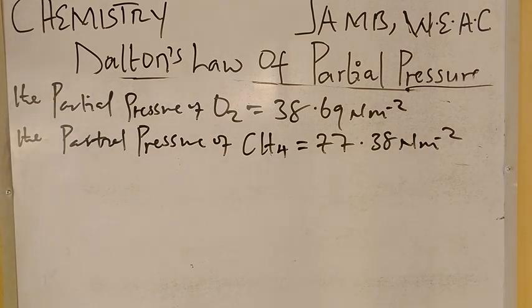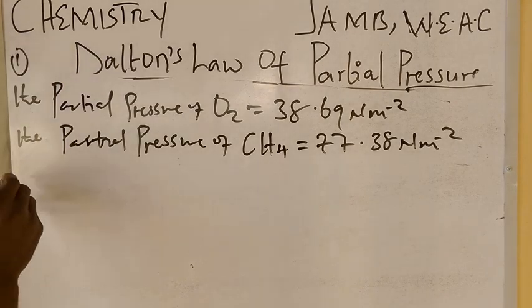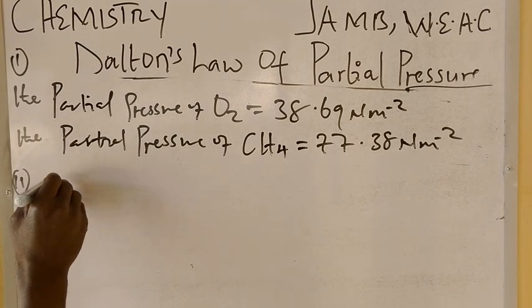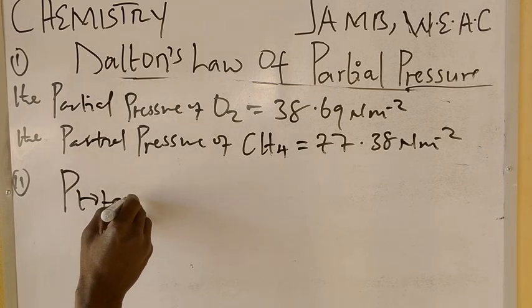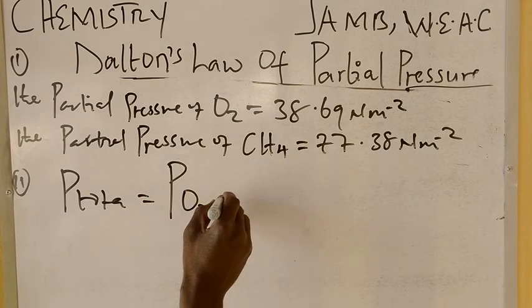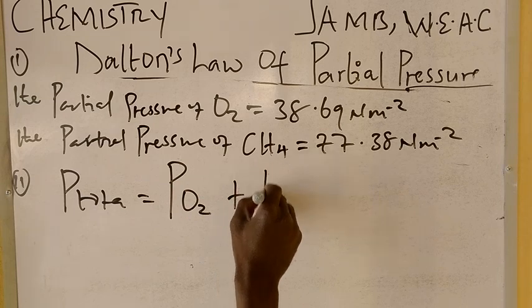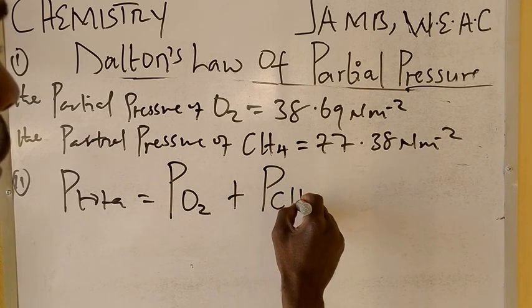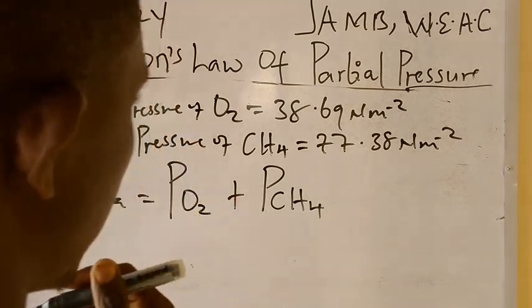Then they ask us, this is question 1, right? So now question 2, what is the total pressure? We should know that our P total is equal to the partial pressure of oxygen plus the partial pressure of methane, CH4.